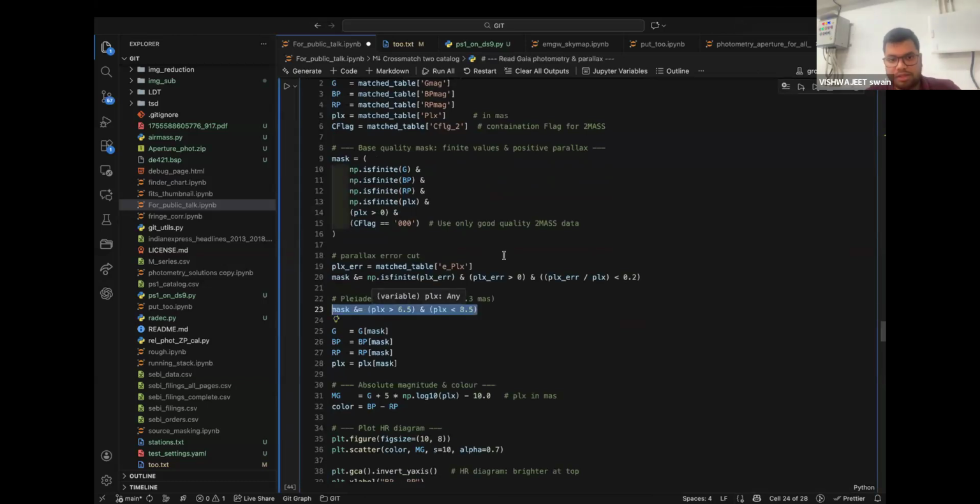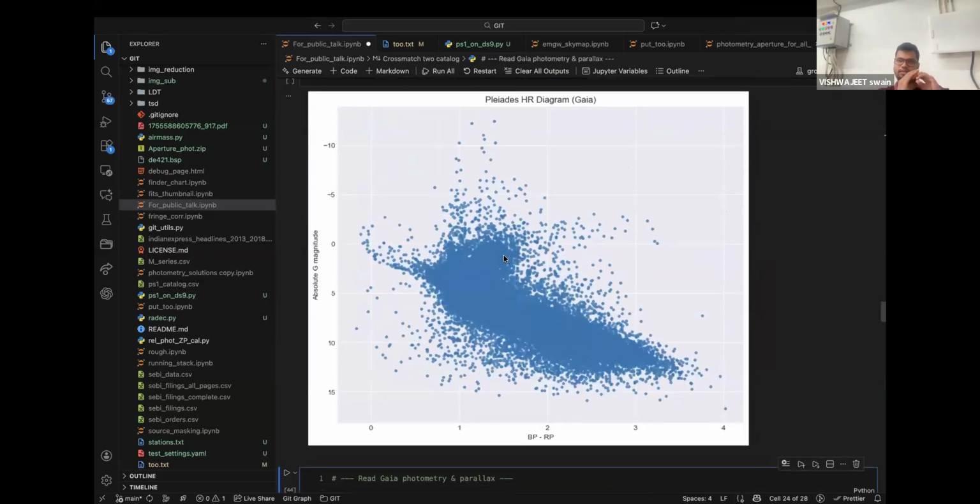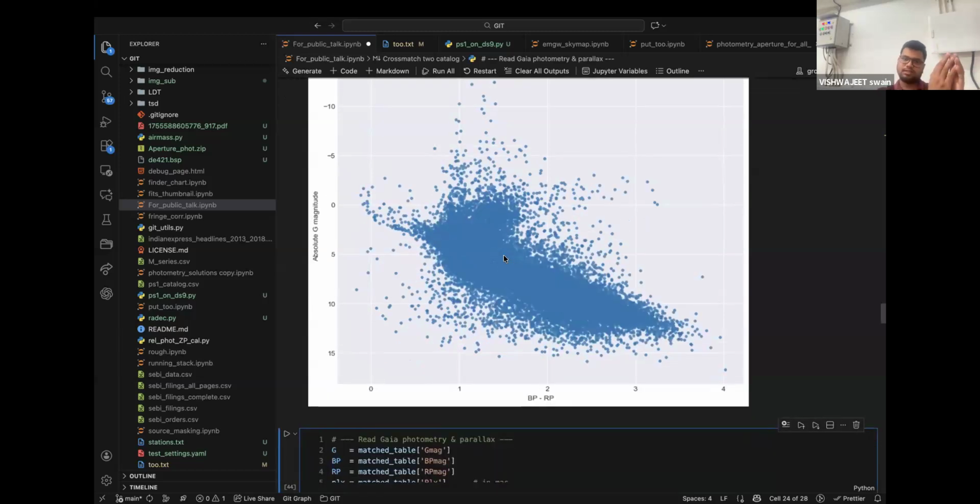In the first plot, we can see that we plotted all these sources in that particular cone region. But this region contains all the sources at different distances, right? But in the HR diagram, we want sources from the same cluster.